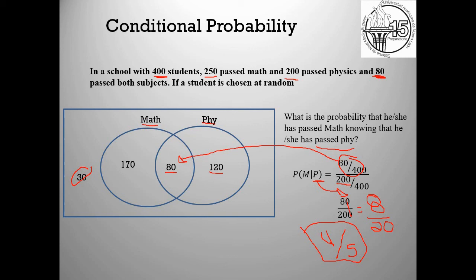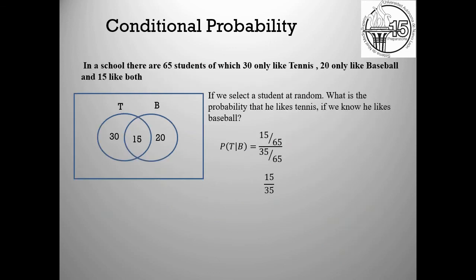Let's see another example. Here we need to be careful with the sentence. We have in a school there are 65 students, of which 30 only like tennis, 20 only like baseball, and 15 like both.